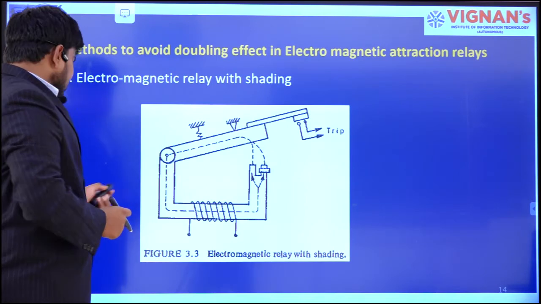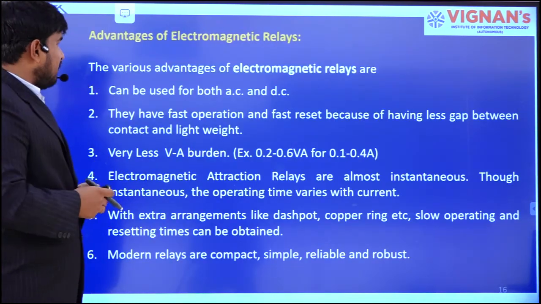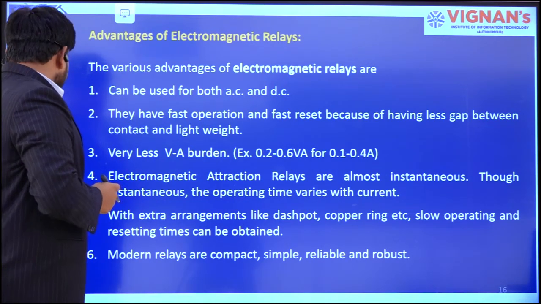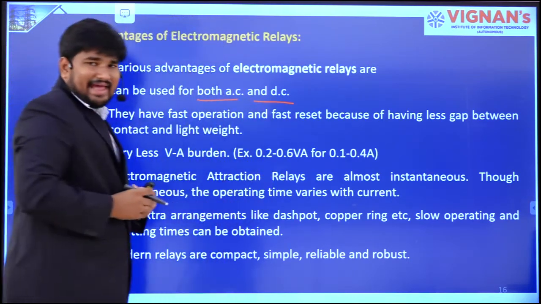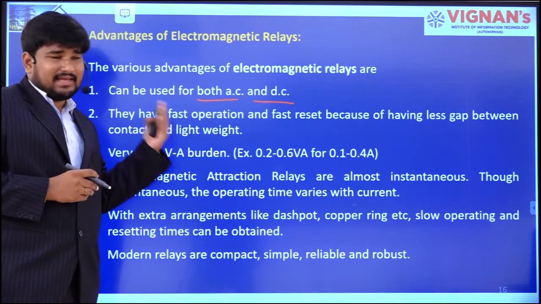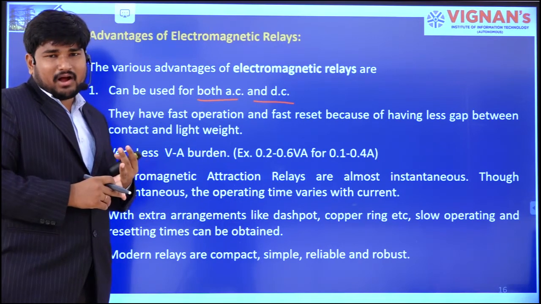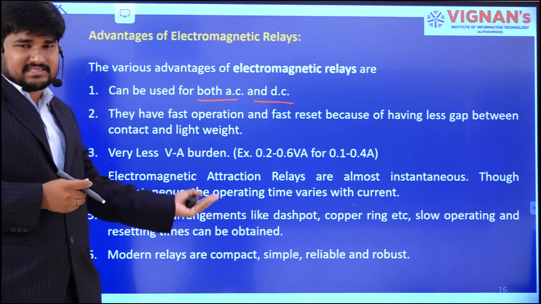Now let us see the advantages of electromagnetic attraction relays. The first one is it can be used for AC and DC, right? Except the polarized electromagnetic attraction relay, the remaining three, that is plunger type, Hinged type, or balanced beam type, can be used for AC and DC.